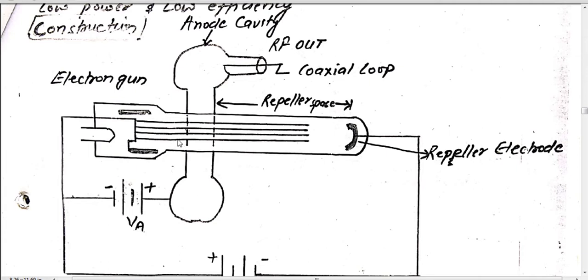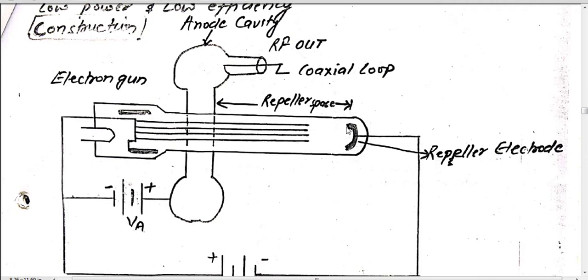The electron beam is accelerated toward anode cavity. This is the anode cavity, which is at positive potential. After passing the gap in the cavity, the electrons travel toward repeller electrode.